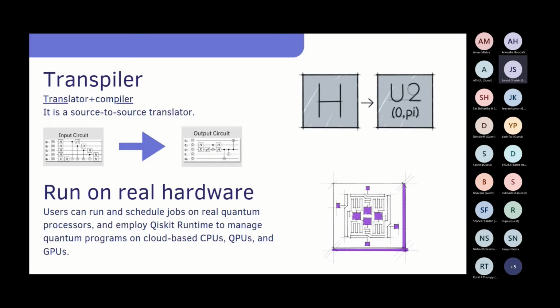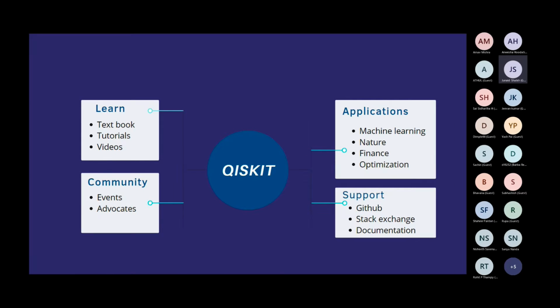After that, let me explain. So, what's Qiskit? With the help of Qiskit, if you are a novice who doesn't know how to start and is waiting to get references or books, you can learn there, where there are many textbooks, tutorials, and videos available in Qiskit.